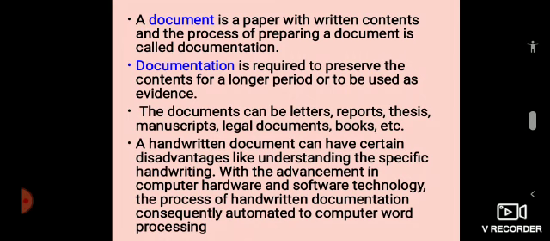So it is difficult for a few people and effective only for some other people. With the advancement in computer hardware and software technology, the process of handwritten documentation was consequently automated to computer word processing. So, with these drawbacks of written documentation, we have come to an automated system called computer word processing.